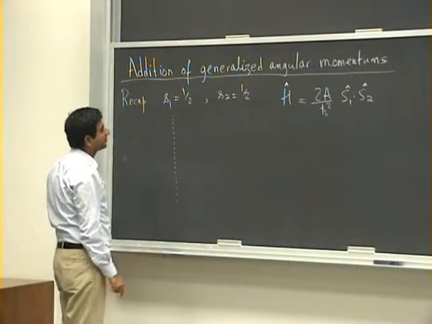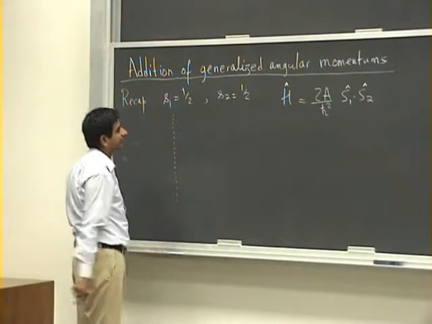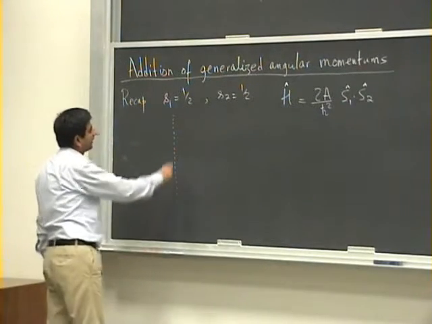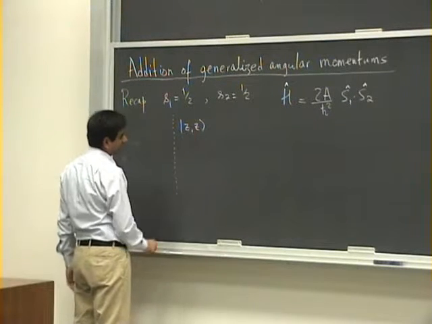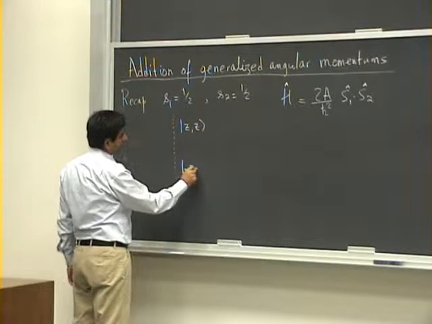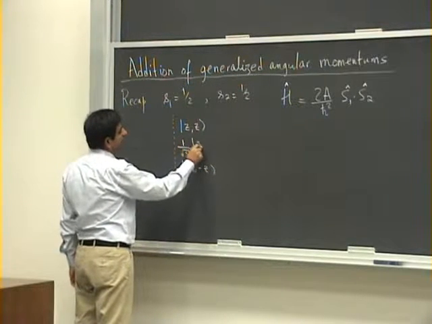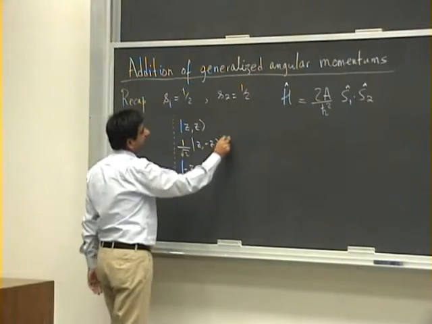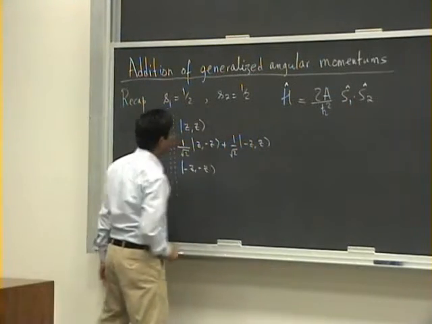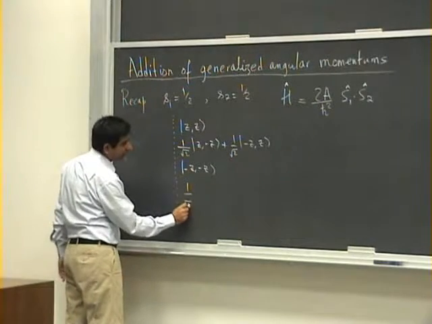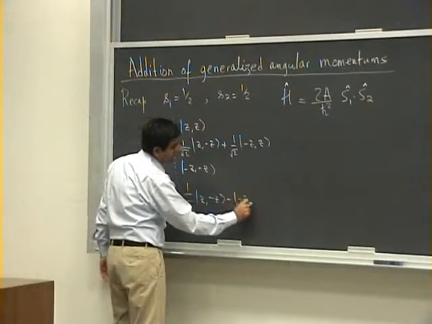Of course, it's a four-dimensional space, so the number of eigenstates would be 4, and they're given by ket z, minus z, so 1 over under root 2 z minus z plus 1 over under root 2 minus z, and then there is 1 over under root 2 z minus z minus z.